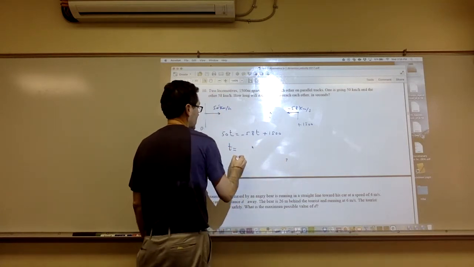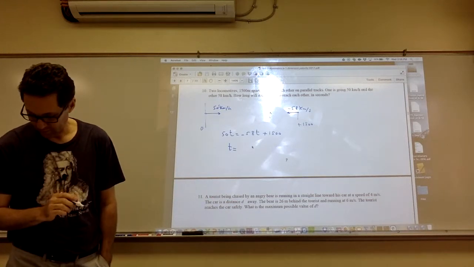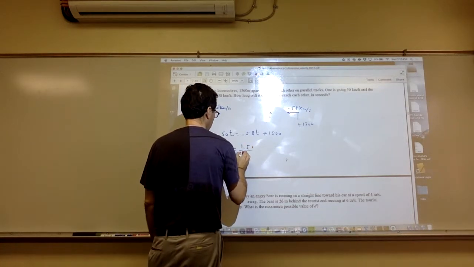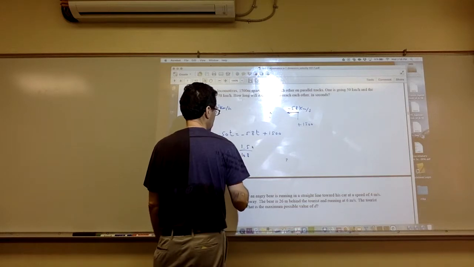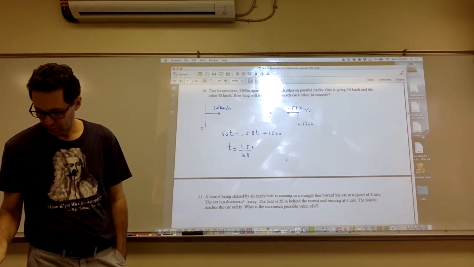So t equals, now when you find the t here, you're going to find it in hours, right? So it's going to be 1.5 divided by 108. Okay, so to change it to seconds, we just have to multiply by 60 basically, right?